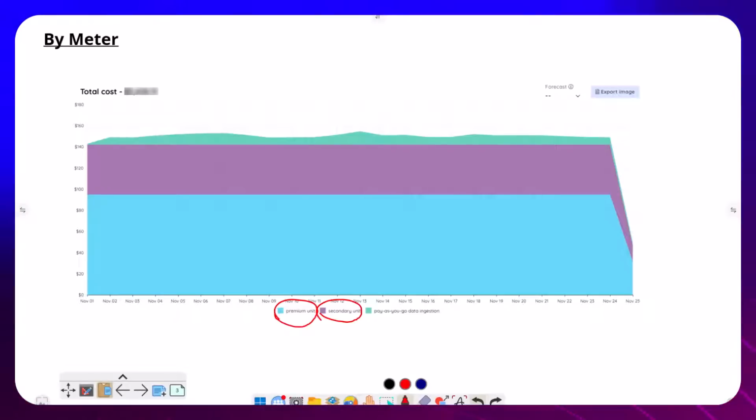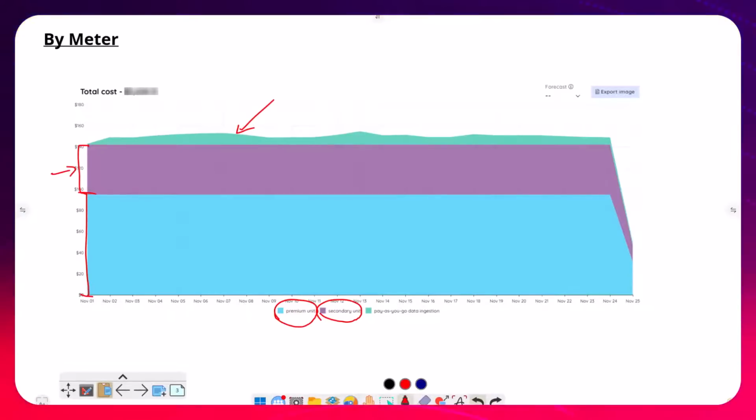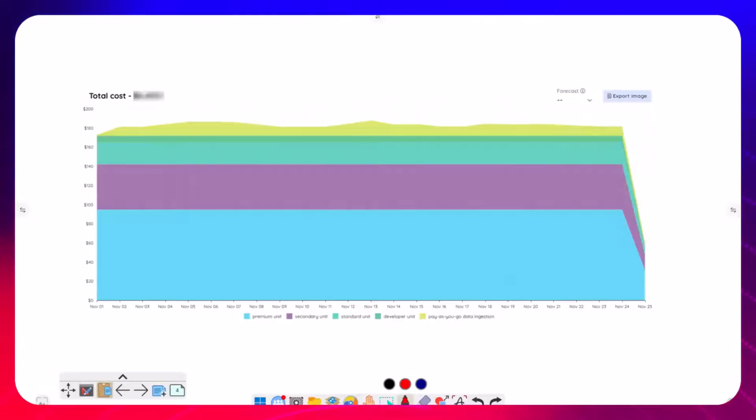We've got the primary data center, and then a second node in a different region, but you pay a slightly cheaper price for that secondary node. So you'll notice the cost for the second node is cheaper than the primary node, and this data ingestion cost I think will be the meter for log analytics. So it's just looking at the previous graph by meter instead of by service name.